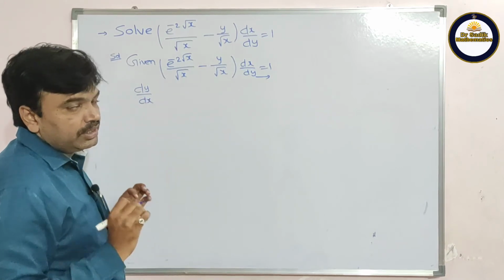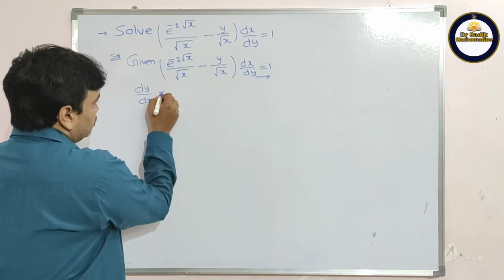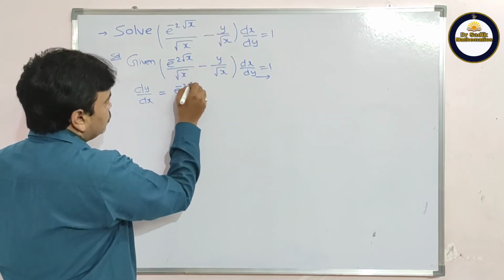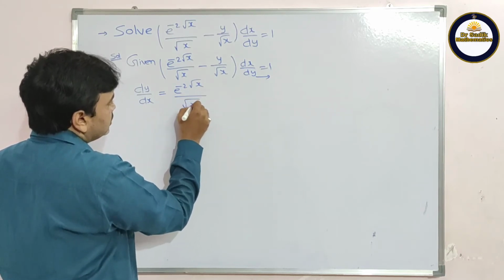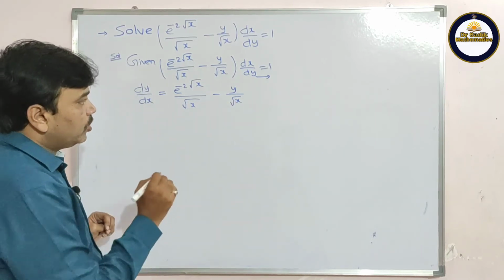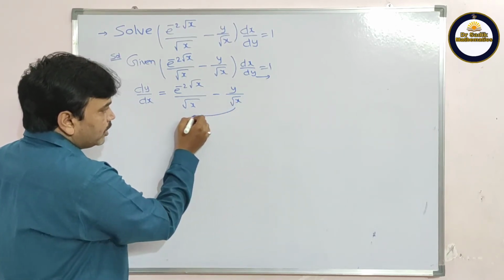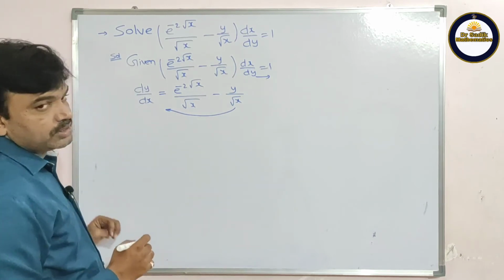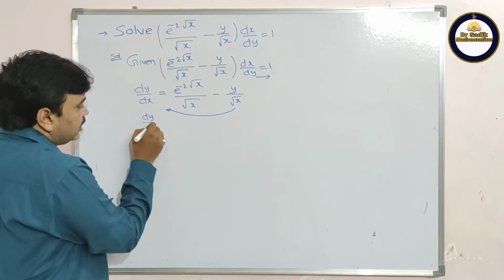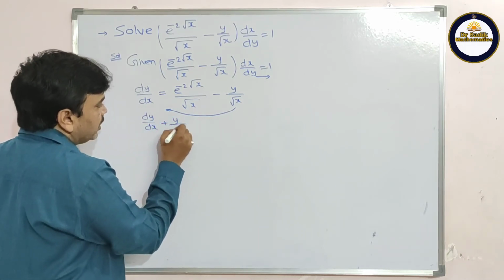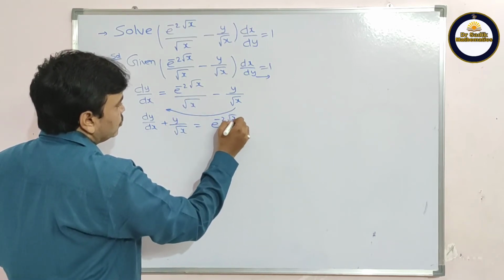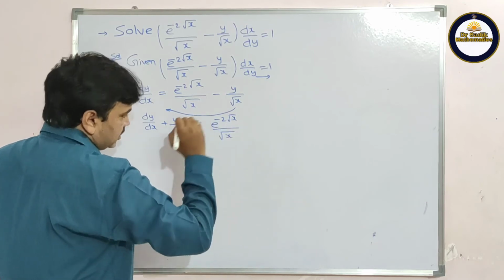Dy by dx is equal to the rest of the terms, e power minus 2 root x by root x minus y by root x. Now you transpose y by root x to the left hand side, then we get dy by dx plus y by root x, that is equal to e power minus 2 root x by root x.